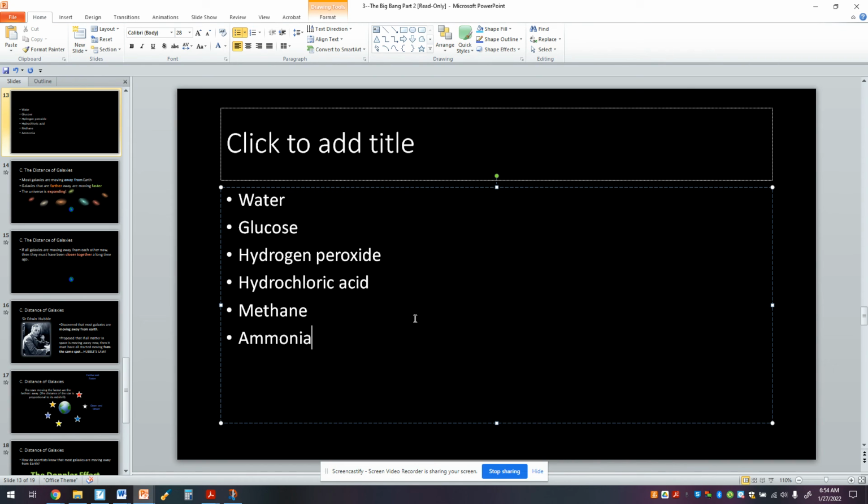Let's see. Liquid hydrogen is known as H2. And then helium gas, like the helium gas that you use to fill up balloons. Well, I guess we're just going over hydrogen, so maybe I won't include that one.